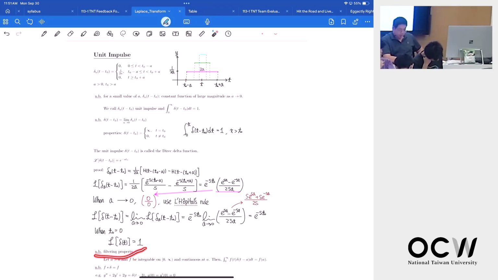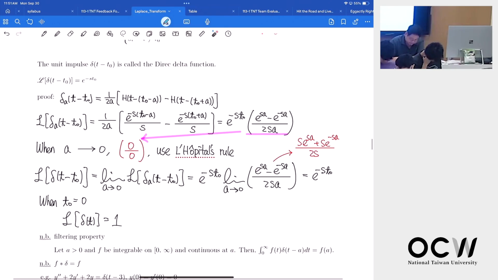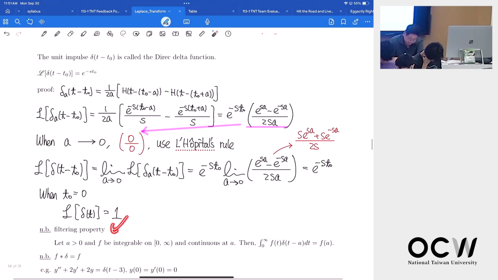You will use this a lot when you take signals and systems and other advanced courses, because we have a filtering property. And what is the filtering property?